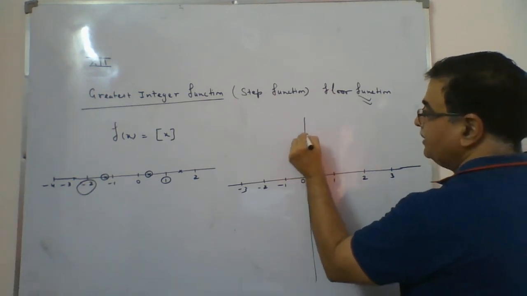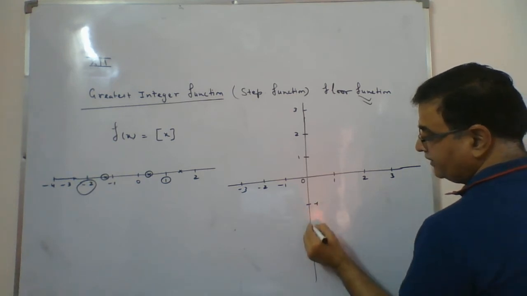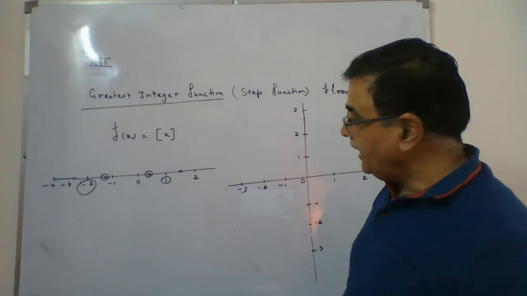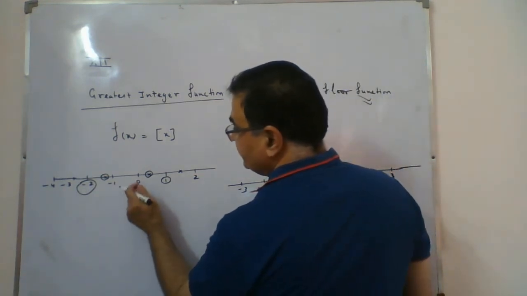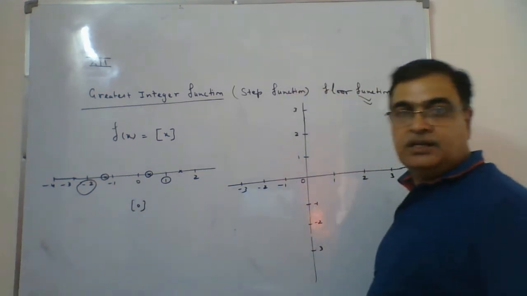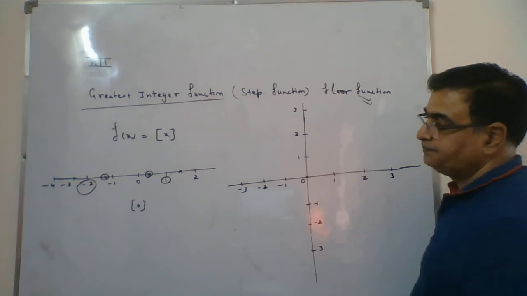Here it comes 1, 2, 3. Minus 1, minus 2, minus 3. And one more thing, if I say greatest integer at number 0, then 0 itself will be the greatest. So at 0, the answer comes out to be 0.